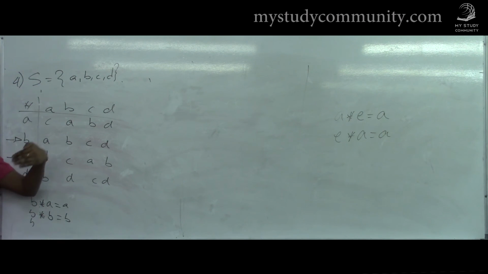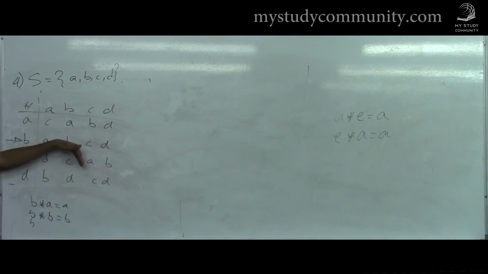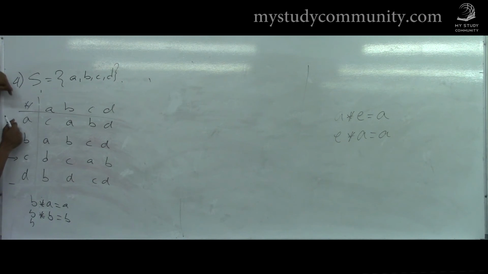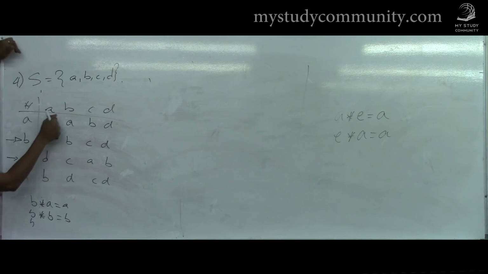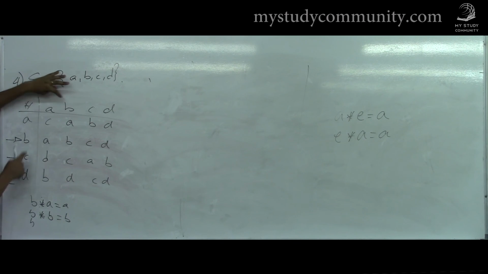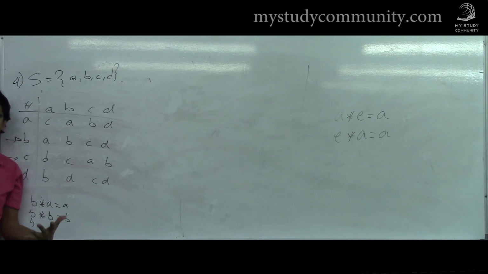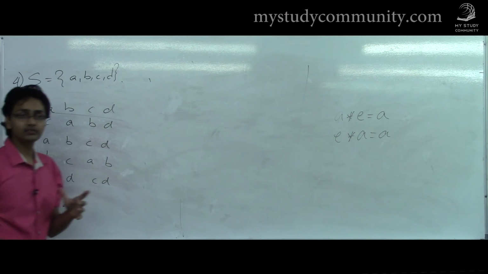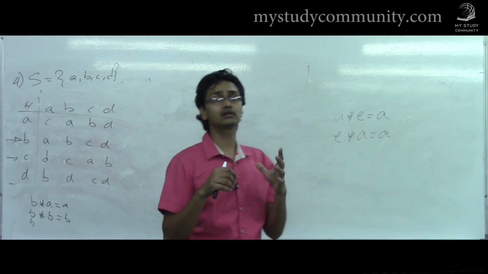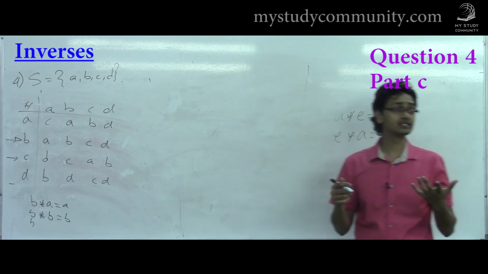So for the right identity, instead of having a row repeated, what would we have repeated? A column. Is there any column that is repeated? A, B, C, D. So yes, B is the left as well as the right identity, therefore it is the identity.